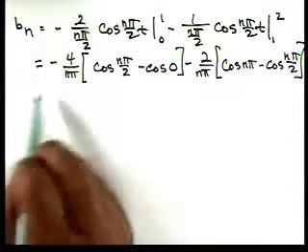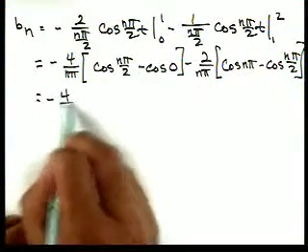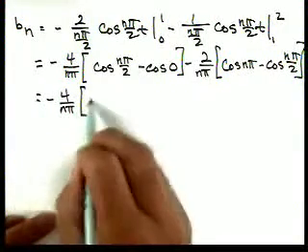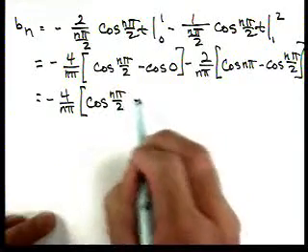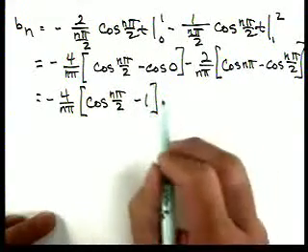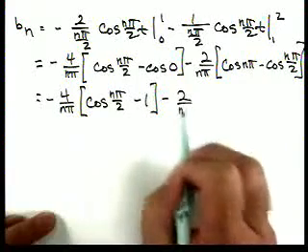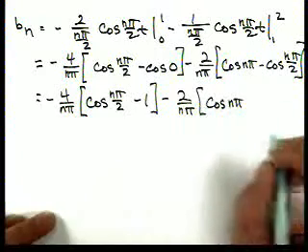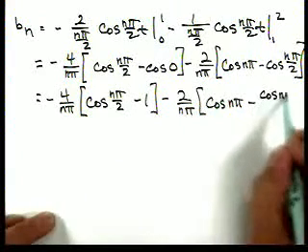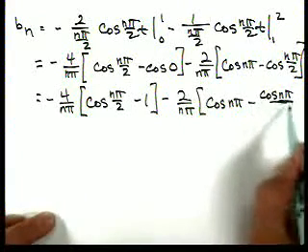So now, let's see. We have minus 4 over n pi times cosine n pi over 2 minus 1, minus 2 over n pi times cosine n pi minus the cosine of n pi over 2.